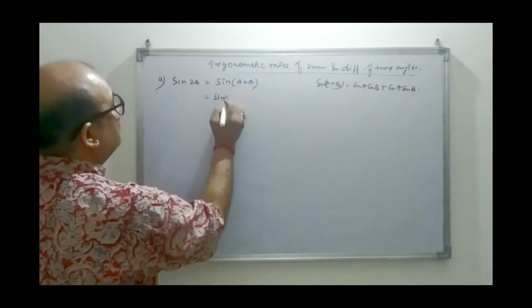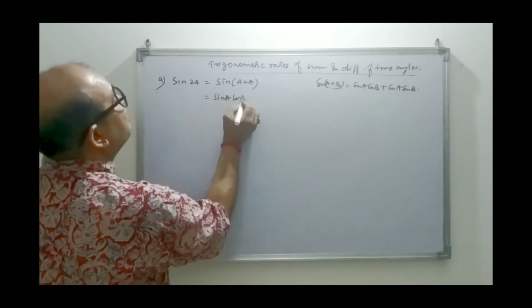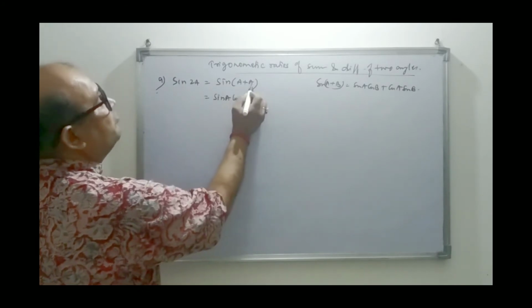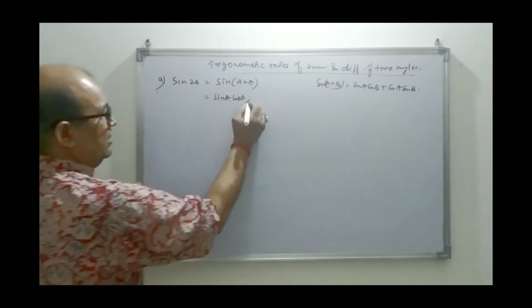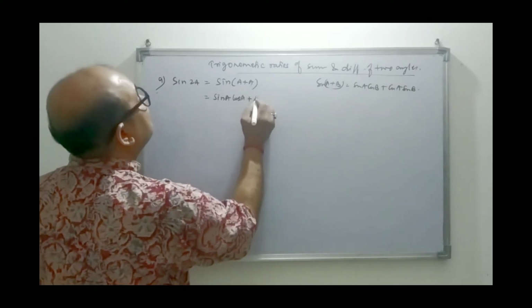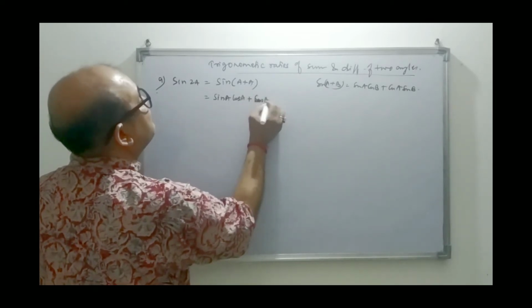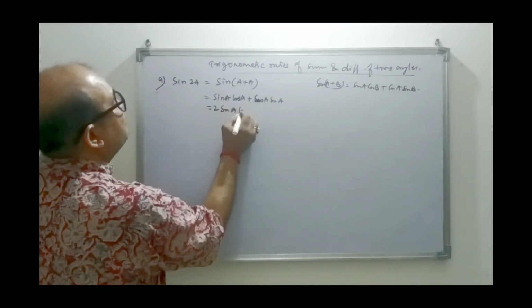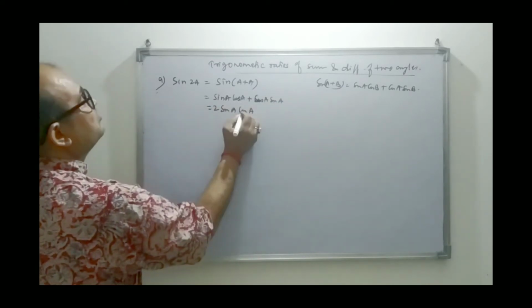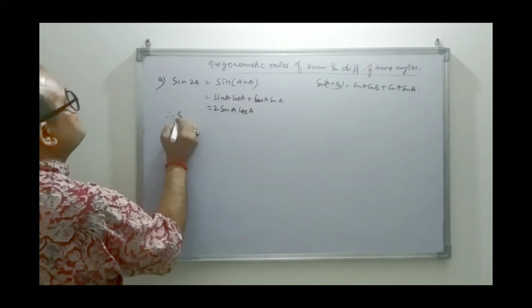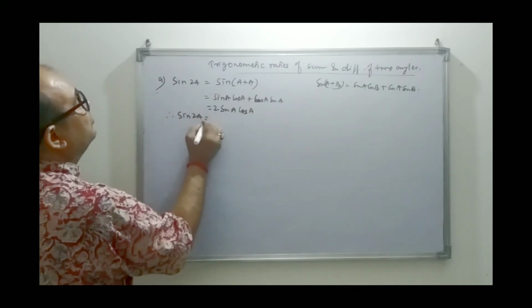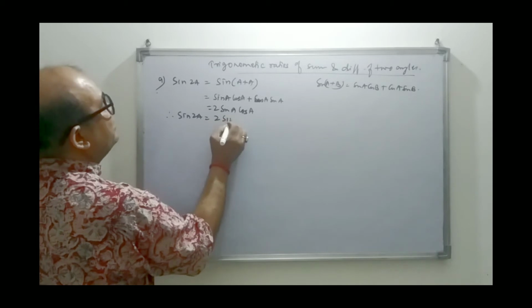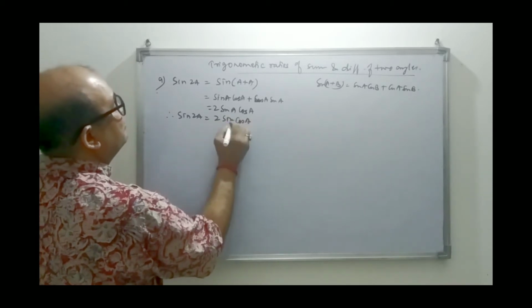Sin A cos A. Instead of A you write B, instead of B you write A here. And cos A sin A. That becomes twice of sin A cos A. Therefore, sin 2A equals 2 sin A cos A.